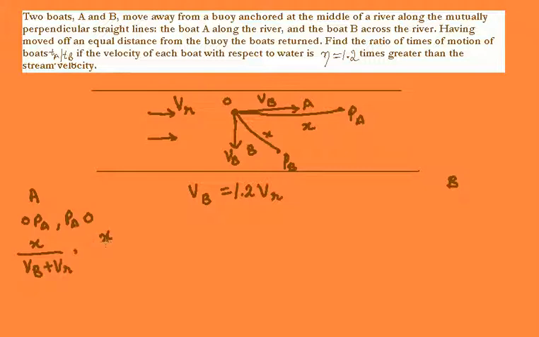In the same way, for the return it would be x divided by Vb minus Vr. I'll add them at a later point in time.